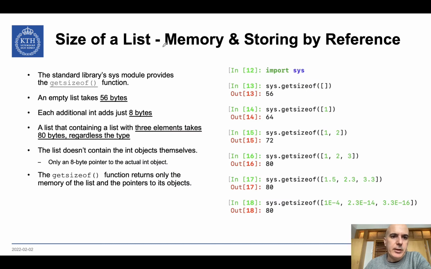Let's look at a practical example of storing by reference in memory, and also how Python manages memory. As I told you, lists and tuples are stored by reference. If we want to know the size of a certain array, we can use the getsizeof function that is in the module called sys.